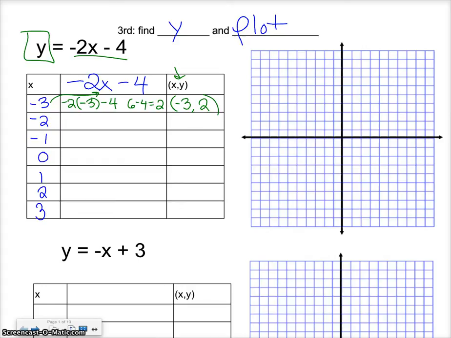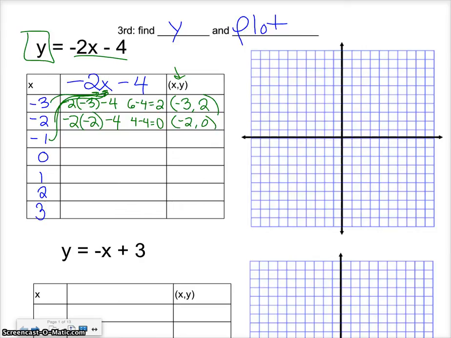The next one, -2. When x is -2, what's my y? You put the -2 where the x is: -2 times -2 minus 4, which is 4 minus 4, which is 0. So my x was -2, and my y was 0. Now I put -1 in. See how it's tedious?